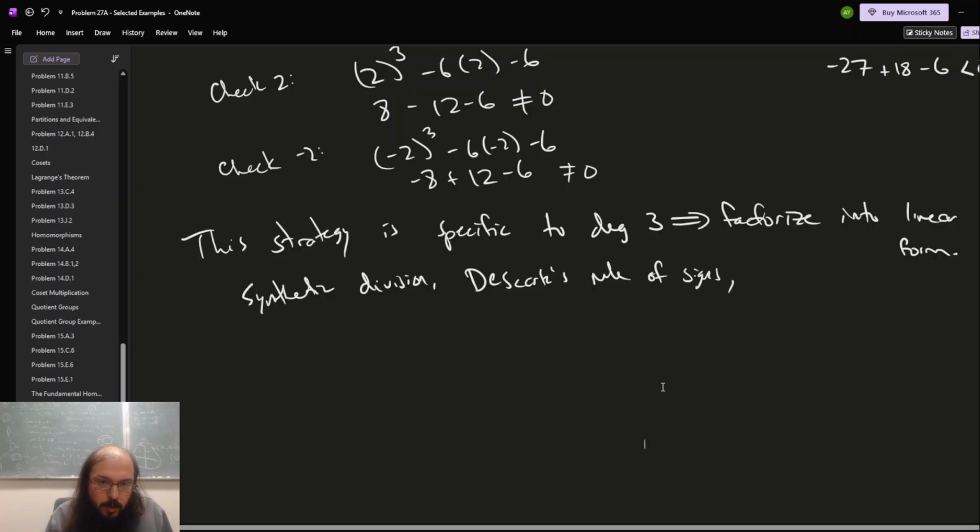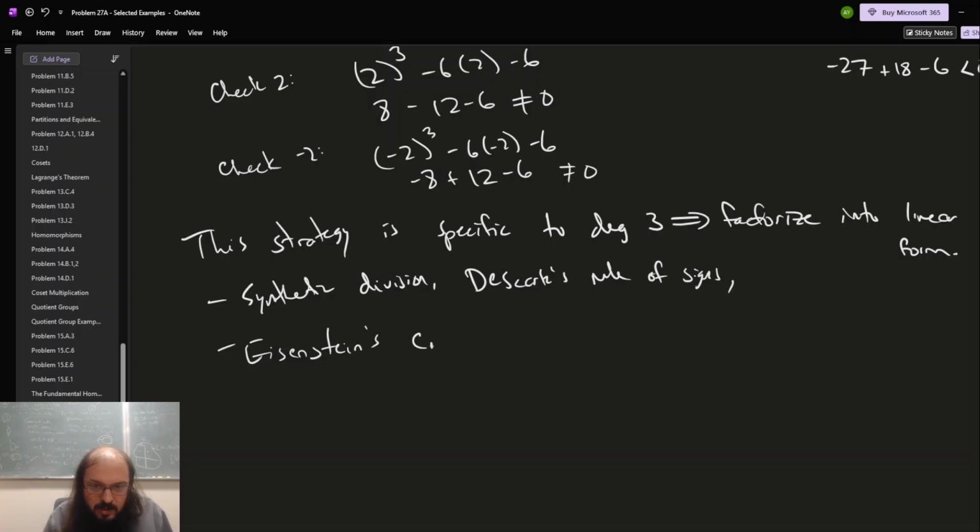There's one thing that I know that we haven't talked about in class, but you might be served well by Googling it and keeping it in your back pocket. It's called Eisenstein's criterion. This is just a one-shot way to prove that a polynomial of high degree doesn't factor. Oftentimes very helpful. And then the last thing that comes to my mind is looking at things modularly.